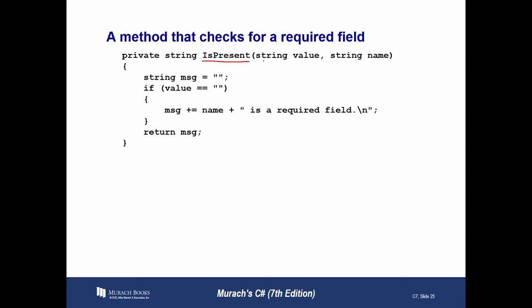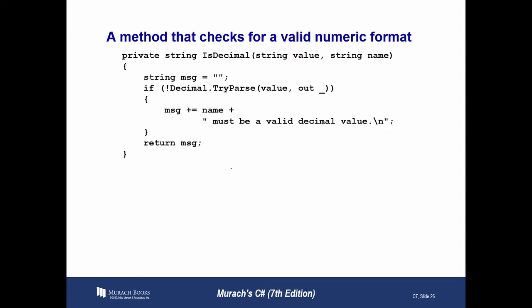And it passes in 2 arguments here, a string message, and then we're saying is value, which is this here, equal to whatever. I guess in this case, nothing. And then we can do this kind of operation and return that final message, right? So we can do that kind of stuff for required fields.